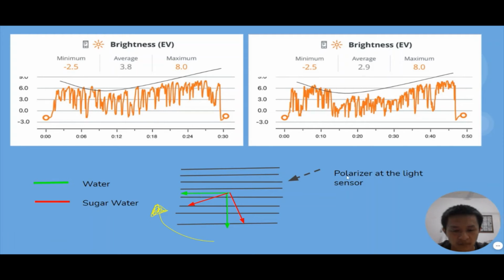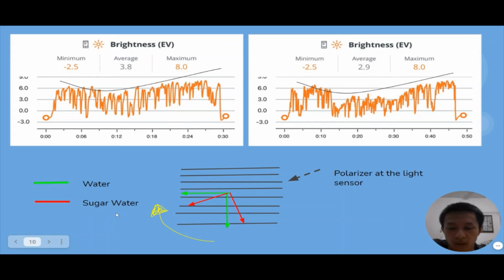So when it passed through the polarizer at the light sensor on the phone, at first it is perpendicular, so the light intensity is the minimum. And then when I turn 90 degrees, the two polarizers become parallel, so the maximum light intensity is observed.